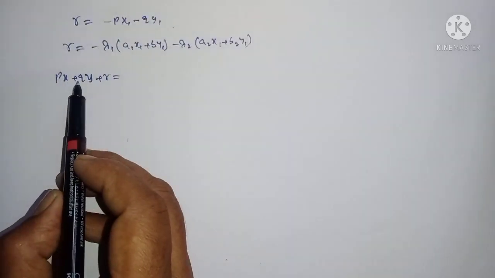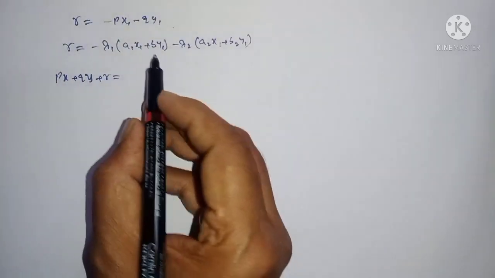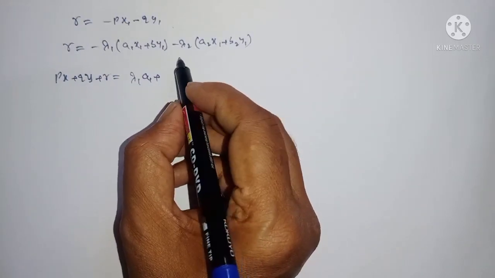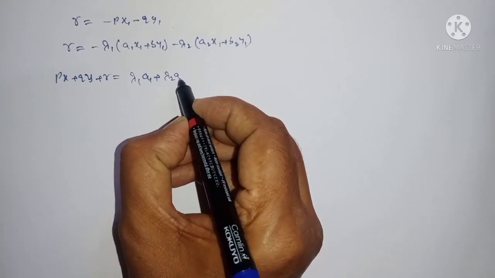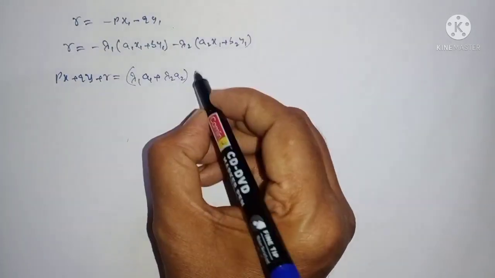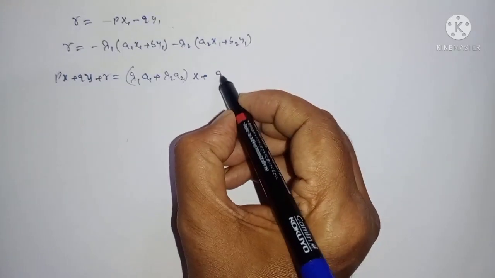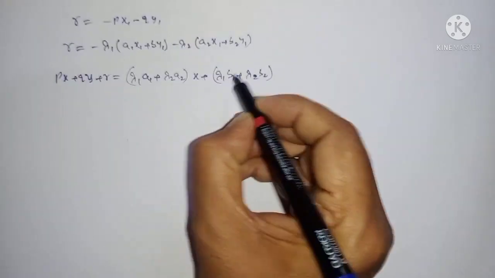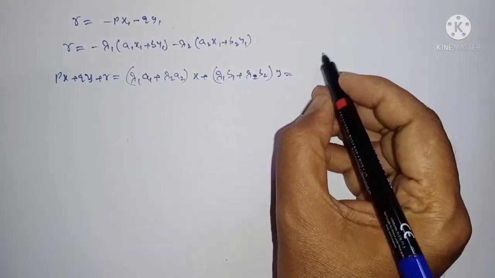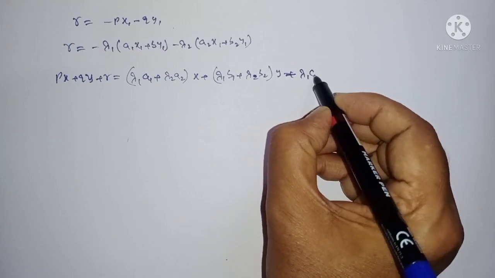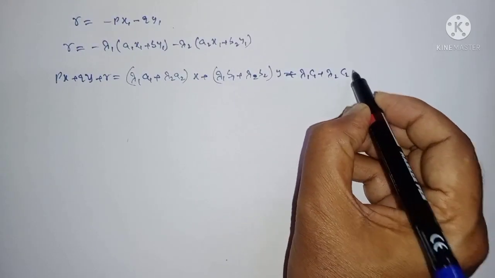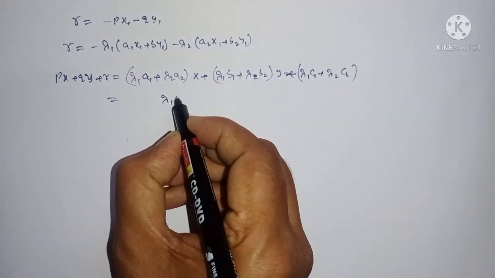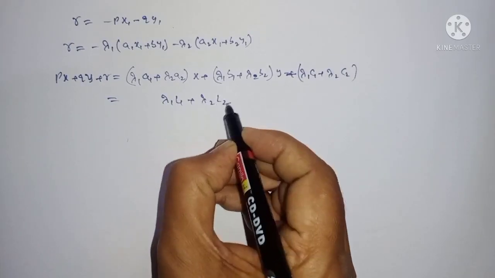Therefore I can write here p of x plus q of y plus r is equal to lambda 1 a1 plus lambda 2 a2 times x, plus lambda 1 b1 plus lambda 2 b2 times y, plus lambda 1 c1 plus lambda 2 c2, which is of the form lambda 1 L1 plus lambda 2 L2.